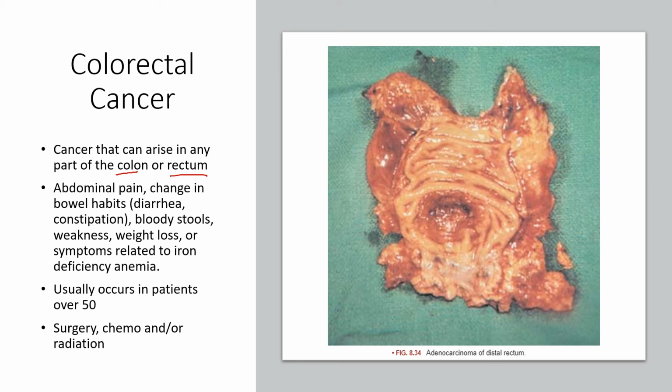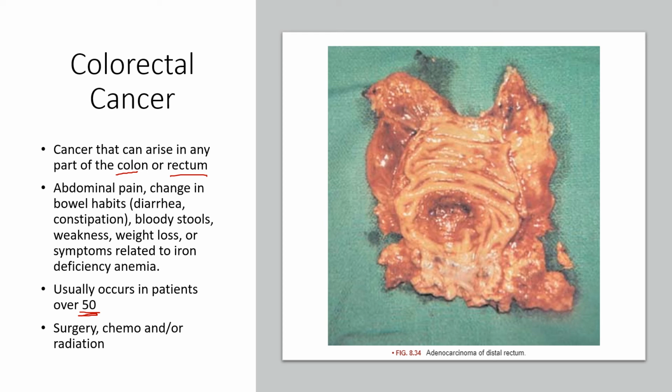Colorectal cancer is one that usually occurs in patients over 50. So after the patient turns 50, it's usually advised to get a colonoscopy every 10 years for the remainder of your life, just to monitor for any type of colon cancer. Colon cancer, there's lots of treatments for it.